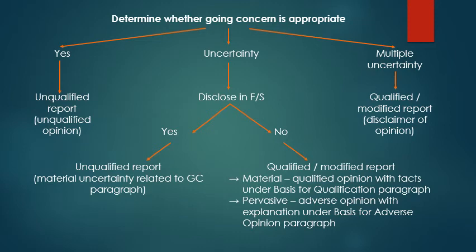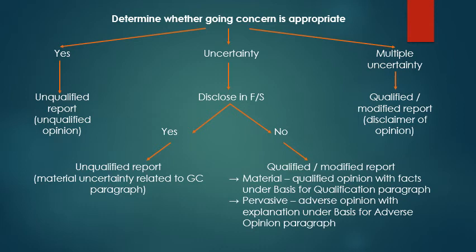If there is an uncertainty that exists, the next question that the auditor needs to ask is, has this uncertainty been disclosed in the financial statements? If the answer is yes, then the auditor would most likely issue an unqualified audit report, okay? And then if that uncertainty is material, the auditor would then just include a paragraph describing that material uncertainty.